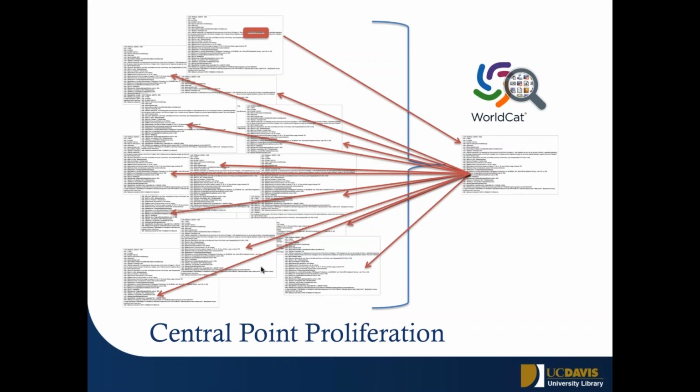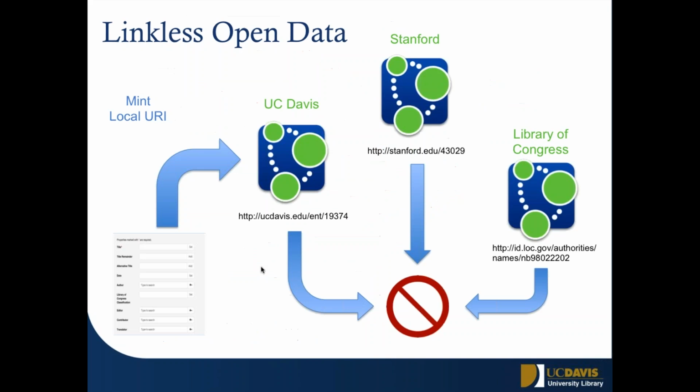But there's also a high probability in a lot of contexts that in the current world I have to go back and change. It gets to wherever that central point is, and they say, no, that already exists, or whatever. We want to avoid that in the linked data universe. So this type of pure centralized authority is going to change. If we don't fix it, though, we have what I call linkless open data.